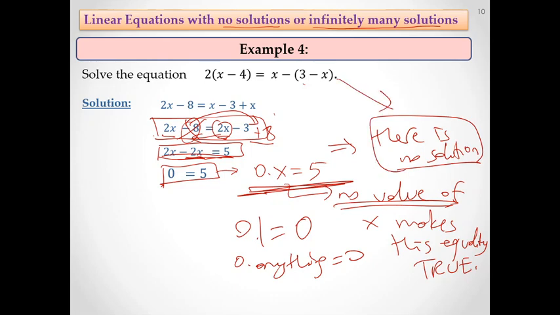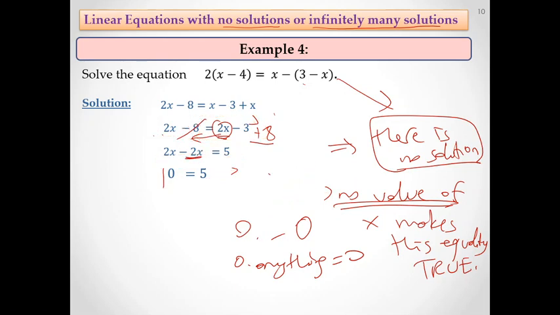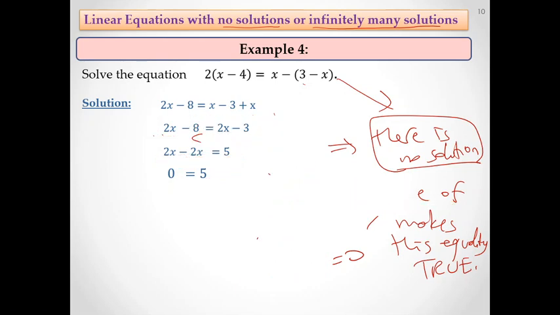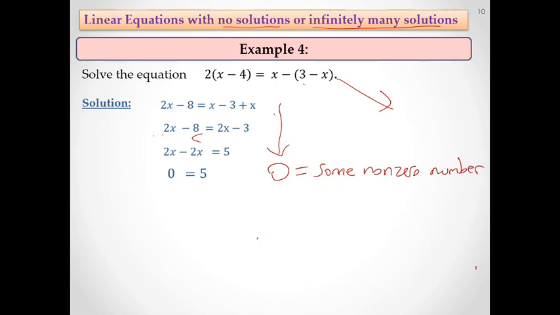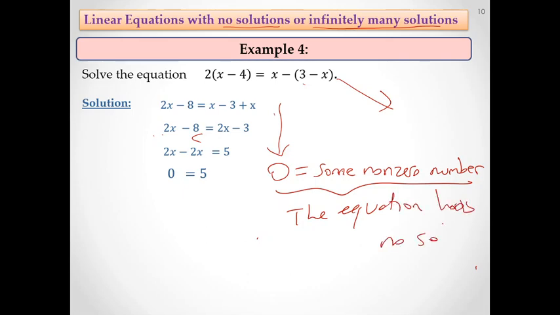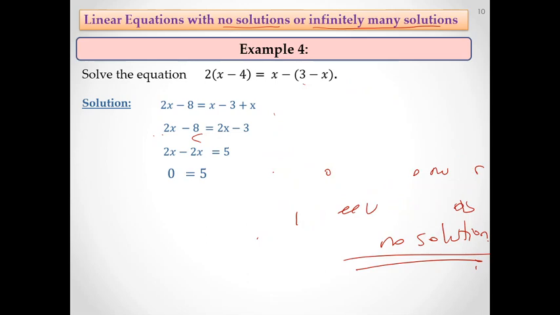And the bottom line is, if you didn't understand this part: when you solve a linear equation and you get 0 equal to some non-zero number, this means the equation has no solution.